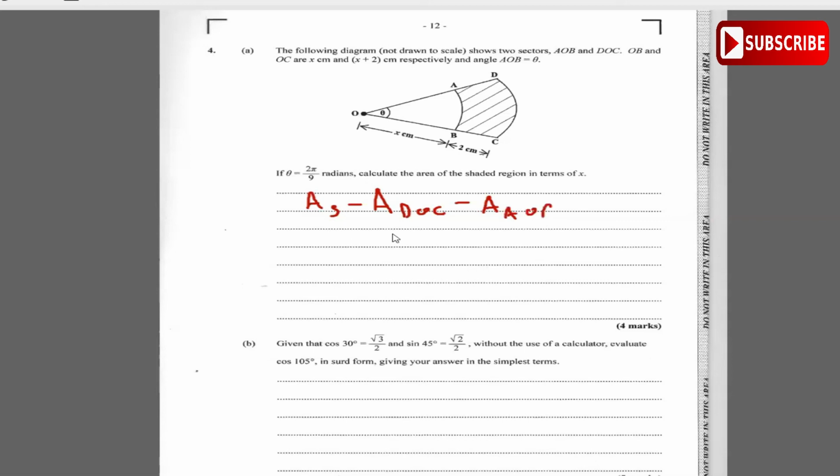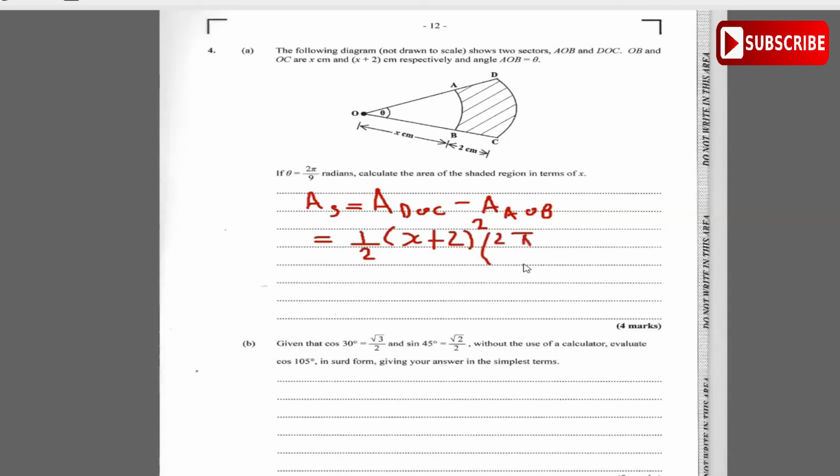Now the area of a sector is equal to a half r squared theta. All right, so that's the area of a sector, half r squared theta. So the area of the sector is a half r squared, which is (x plus 2) squared, theta, and theta is of course 2 pi by 9.